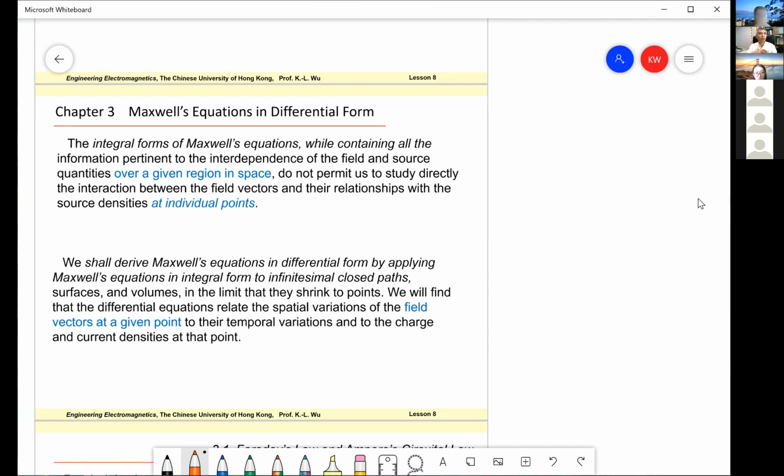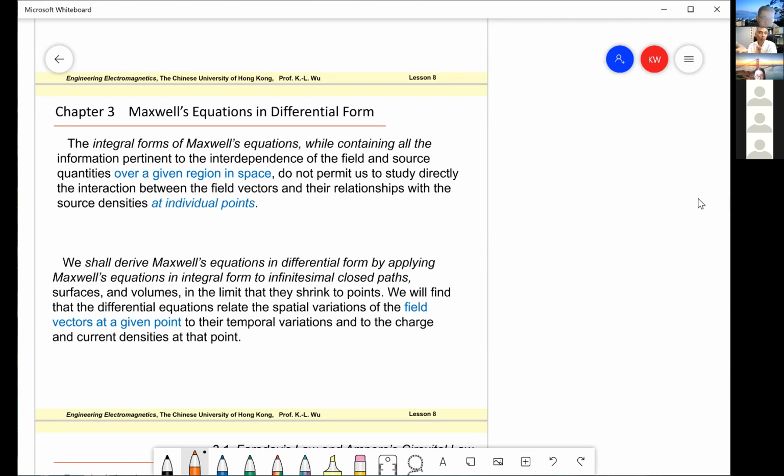boundary, we call boundary conditions. Say, for example, I want to find the field when I hold my mobile phone near my body. I like to know what's the field strength inside my body. That is a very difficult question if we only have the integral form.